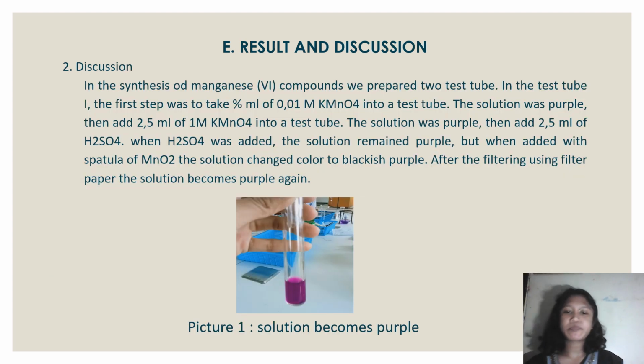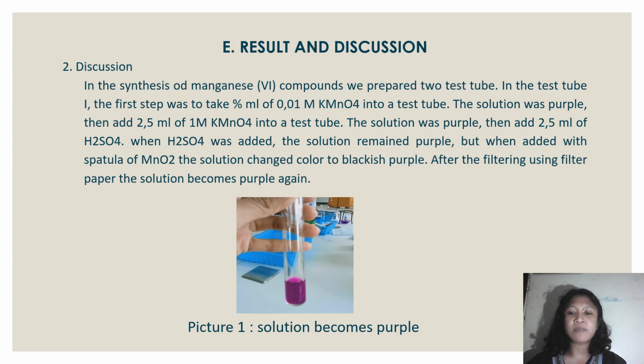Discussion. In the synthesis of manganese 6 compounds, we prepared two test tubes. In test tube 1, the first step was to take 5 milliliters of potassium permanganate into a test tube.